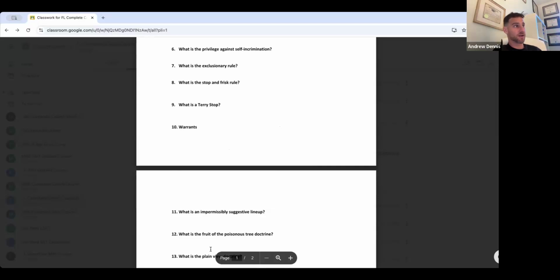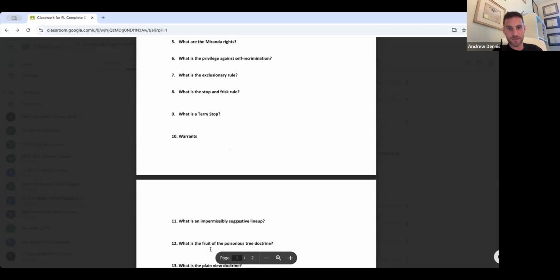Now, inside that diary, they found all these scribblings that Tommy hid the stash down at the beach. Well, then they go to the beach and they find the stash. Well, that stash is fruit of the poisonous tree, right? Because the stash was only found because of what was written in the diary, and the diary is only found because of an unlawful search. Exclusionary rule, fruit of the poisonous tree, Adam and Eve type stuff.